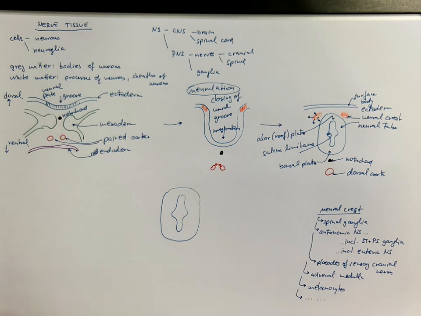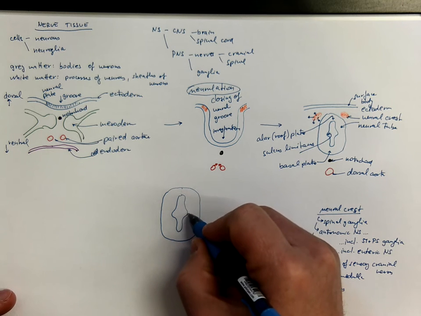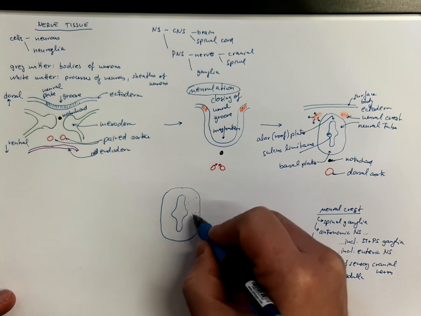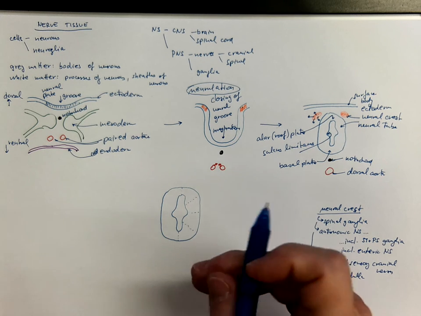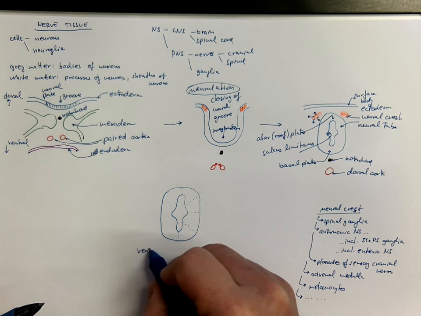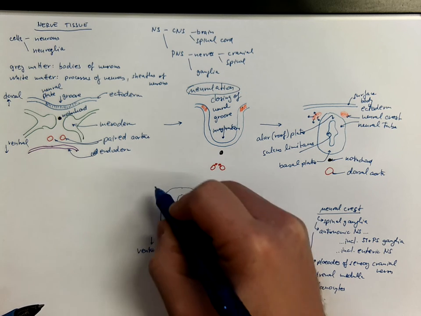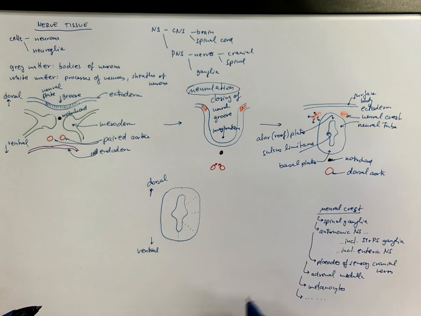And if you look more closely at the distribution of various functions in the neural tube, especially in the spinal cord, then here is the ventral direction, here is dorsal, as on our developmental schemes.